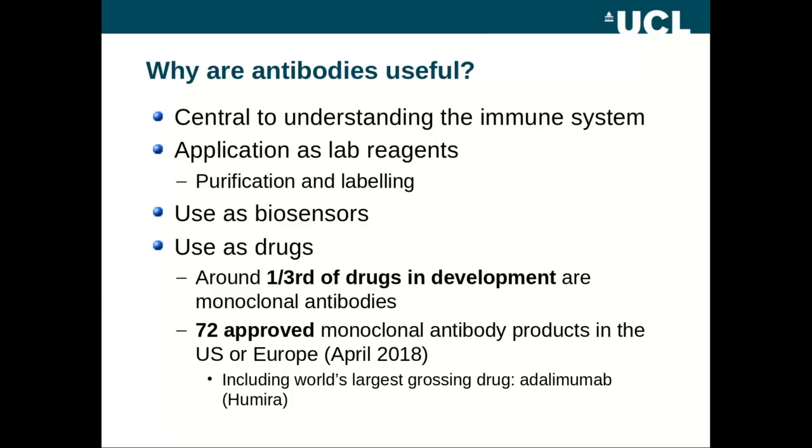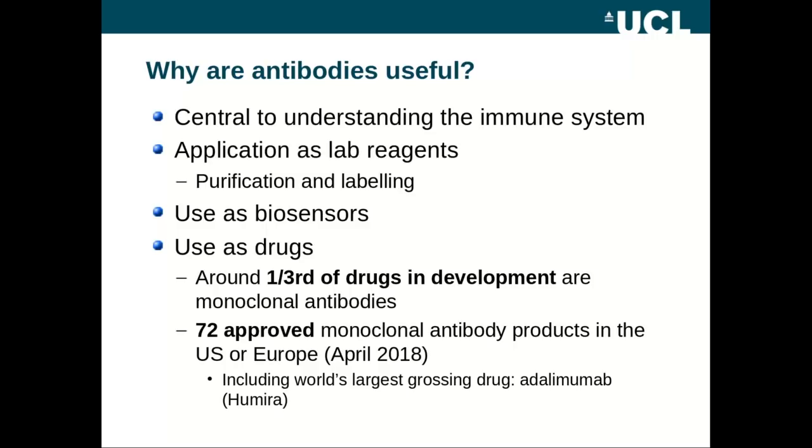But probably most importantly, at least from my perspective, and most interestingly, is their use as drugs. Approximately a third of drugs in development are now monoclonal antibodies or based on monoclonal antibodies. And in April 2018, there were 72 approved monoclonal antibody products, either in the US or Europe or both.